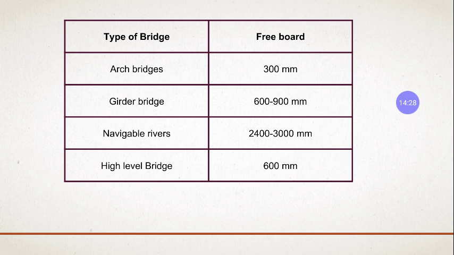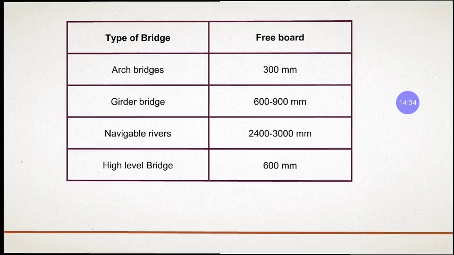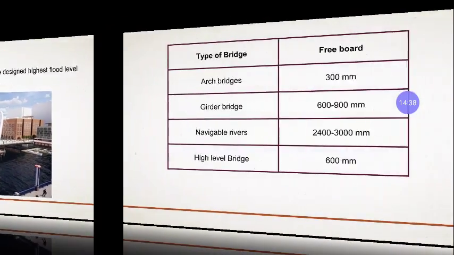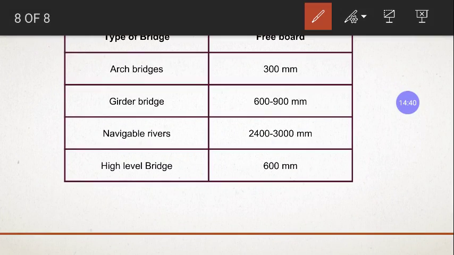So these are some of the freeboards depending upon the type of bridge, right? For an arch bridge it is 300 mm, that is 30 centimeters. For girder bridges it is around 600 to 900 mm. Navigable bridges are where we allow the movement of boats and ships for transportation purposes.